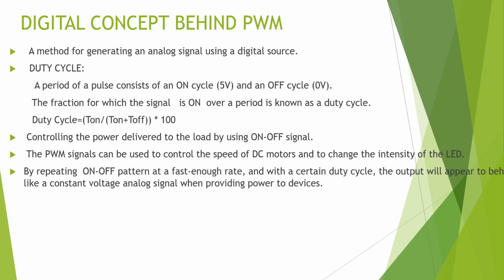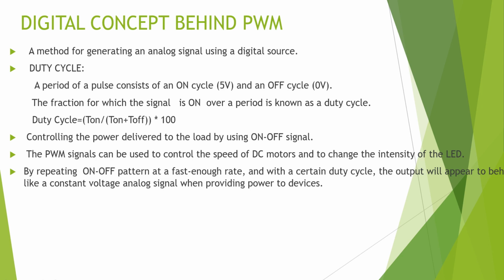It is also used to change the intensity of light, which I am showing today. By repeating the on-off pattern at a fast enough rate and with a certain duty cycle, the output will appear to behave like a constant voltage analog signal when providing power to a device. Notice the last one, guys, very important. The final voltage produced is not a fixed voltage, actually it is the average voltage. But ultimately, I am getting the voltage which I need, not the fixed voltage, 0 or 5 volt, etc.